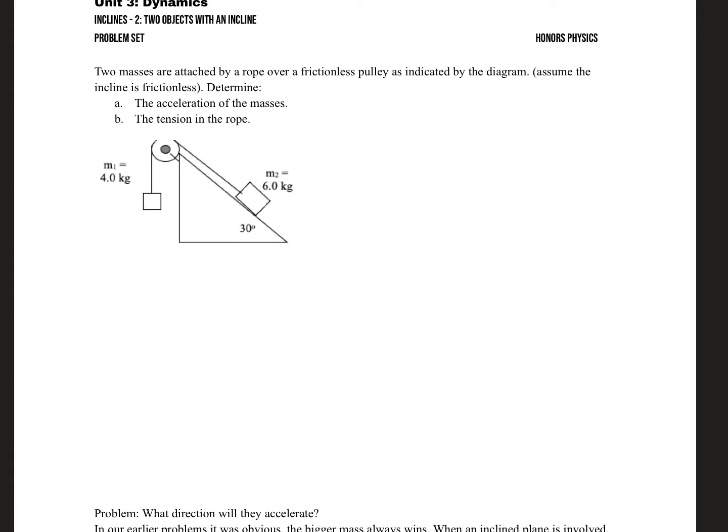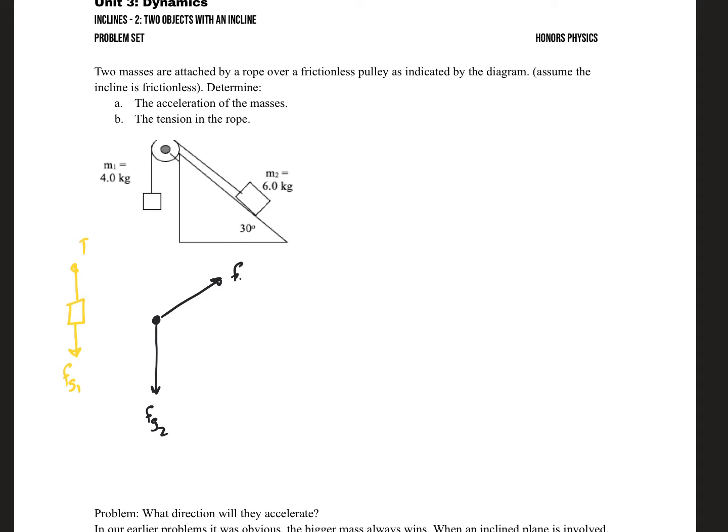First thing I'm going to do is use the free body diagram for each one of these. For the first block, I have FG1 and tension. For the second one, this is where I'm going to have to take this apart. Let's call this FG2.